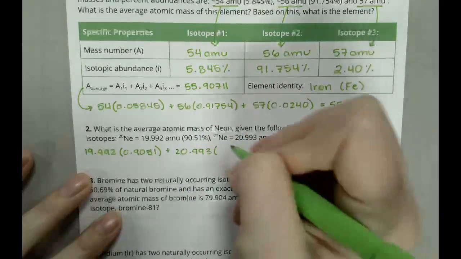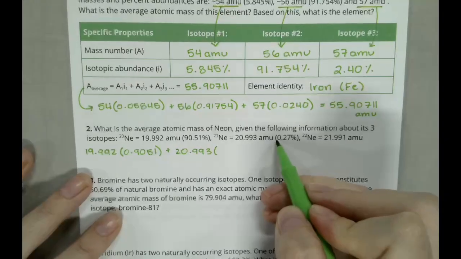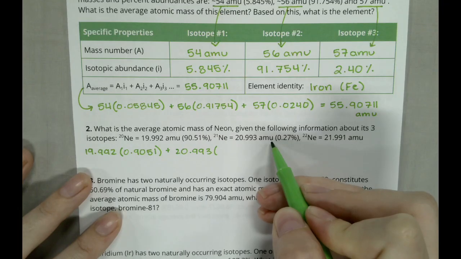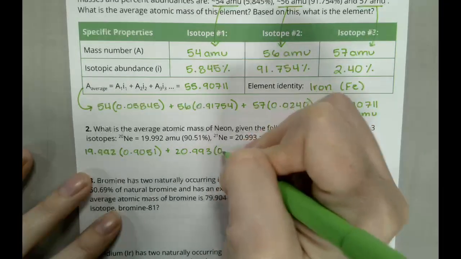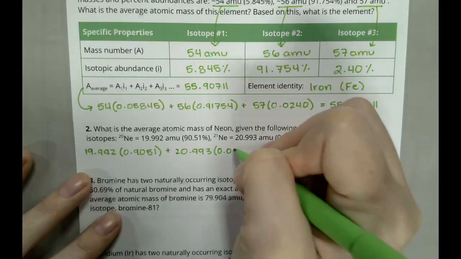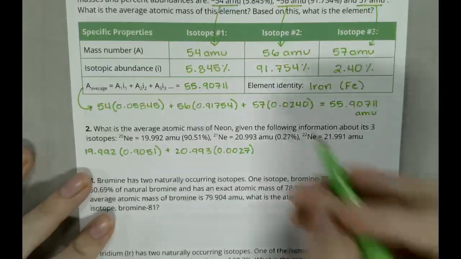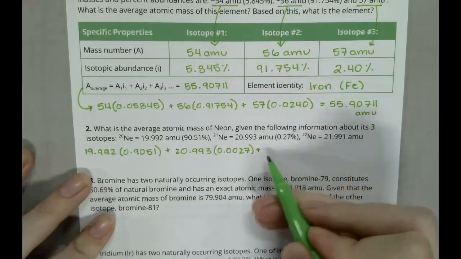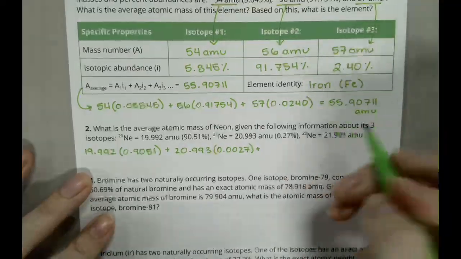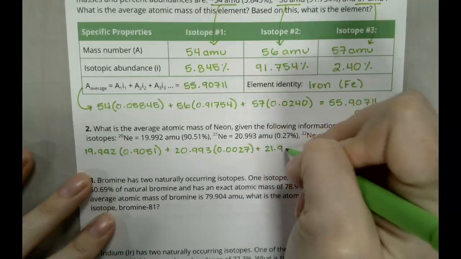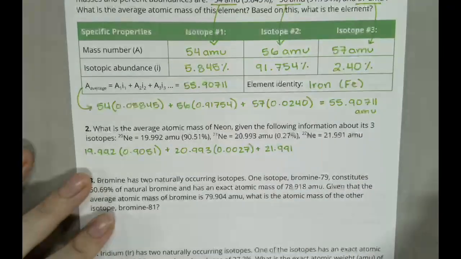So that's going to be 20.993 times, ooh, this is tricky. Move the decimal place 2 to the left, 1, 2, is going to give us a very small number. 0.0027, make sure you keep track of those decimal places. And then for this contribution of the weight from neon 22, we know the weight, it's going to be 21.991 AMUs.